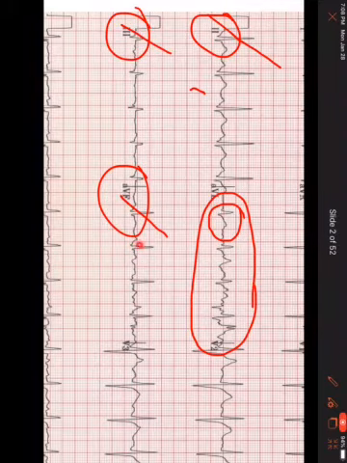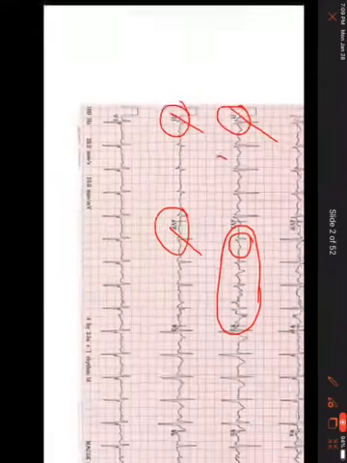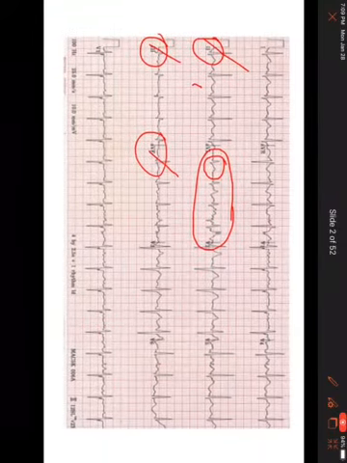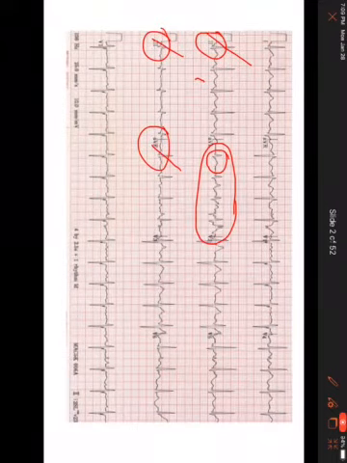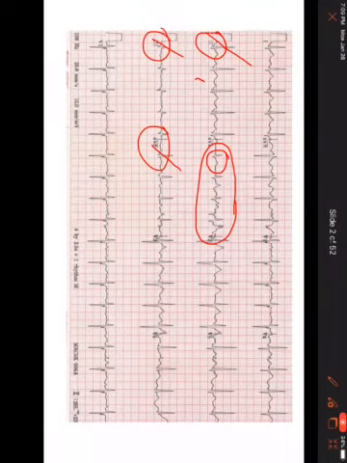Okay, so you can see my R wave, my S wave coming back down. And then about right there would be my ST segment or my J point, and it is very much so isoelectric. So from looking at those strips, I do not see any elevation in my inferior leads.